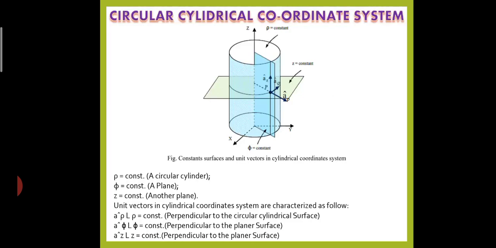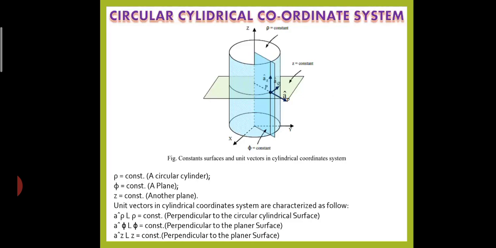The surfaces used to define the cylindrical coordinate system are, first, a plane of constant z which is parallel to the xy plane, a cylinder of radius r with the z axis as the axis of the cylinder, and a half plane perpendicular to the xy plane and at an angle phi with respect to the xz plane. Now, the angle phi is called the azimuthal angle.